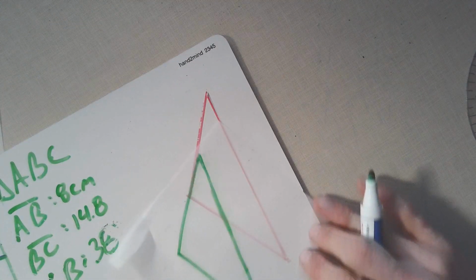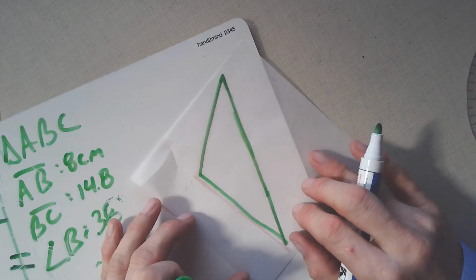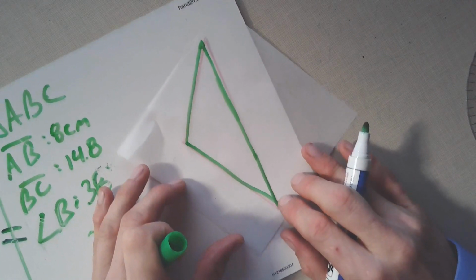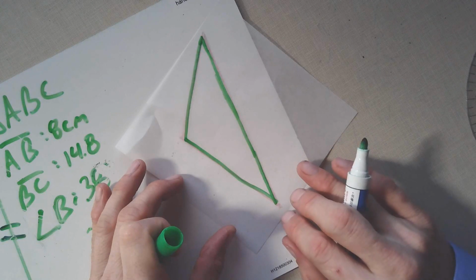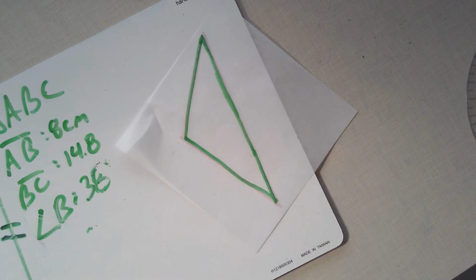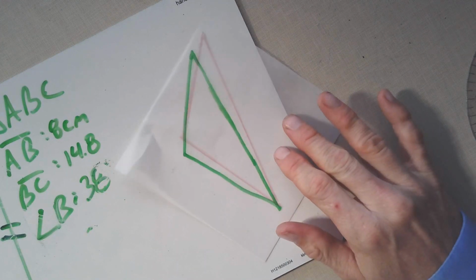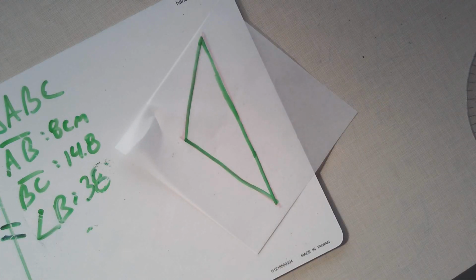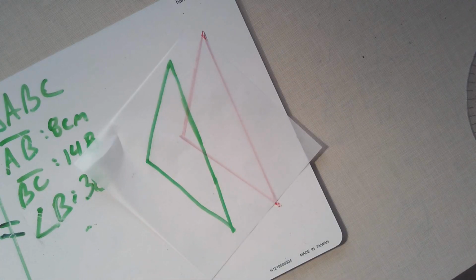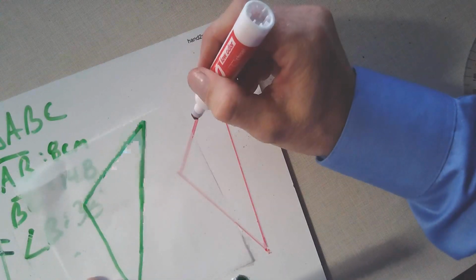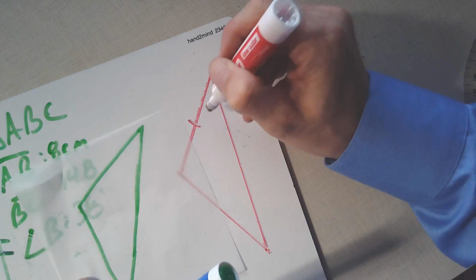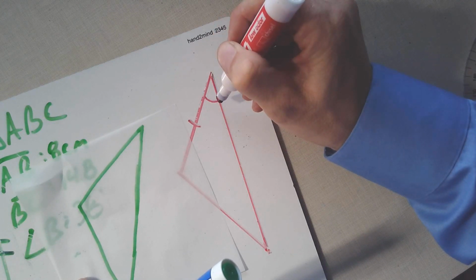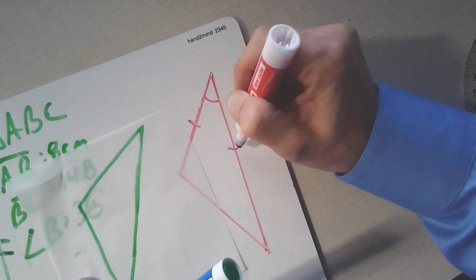Take it over to this, superimpose it, and see that it matched pretty good. So you can see that you can build a congruent triangle using just a side, an angle, and another side.